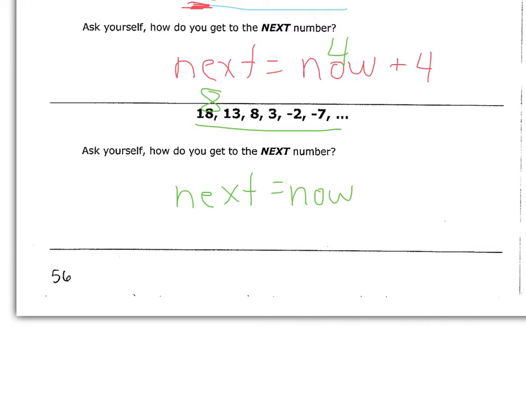Our pattern this time was subtracting 5, so next equals now minus 5. If you wanted to plug that in, let's say we're at 18, our first number, that would give us next equals 18, the number we're at right now, minus 5, and our next number would be 13, and it in fact is. So this is just a simple little way to figure out what the next number is in your pattern.